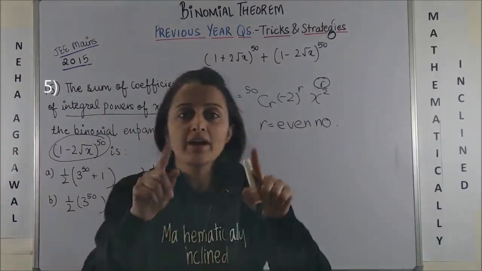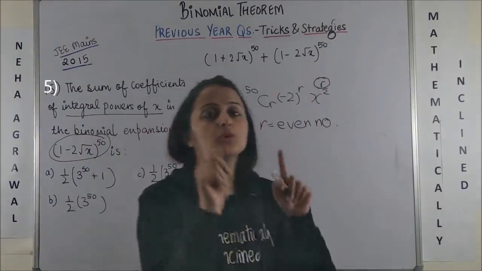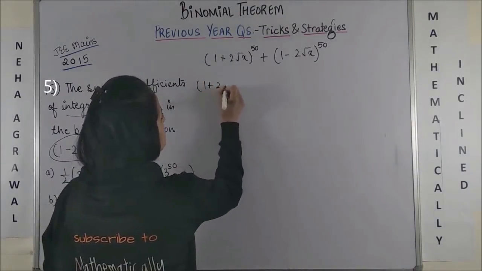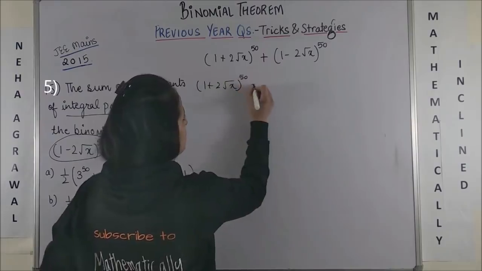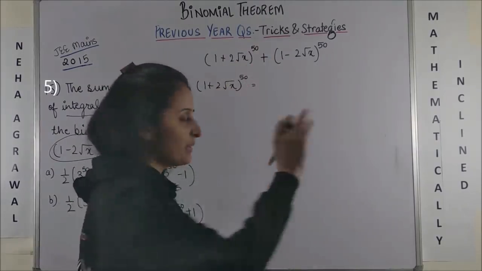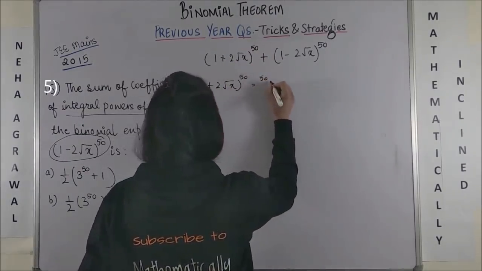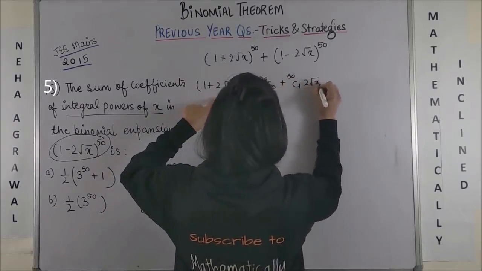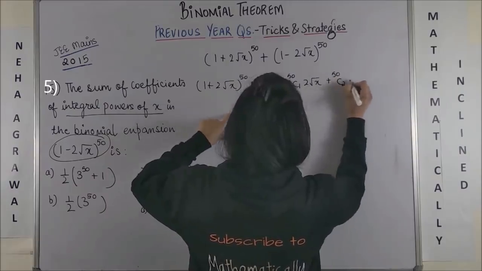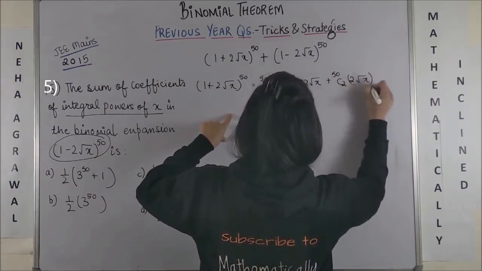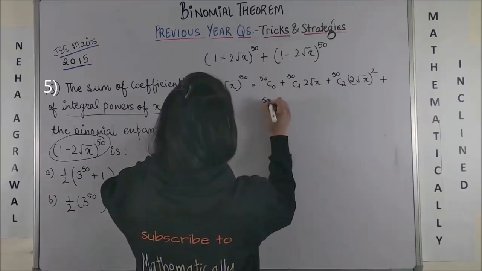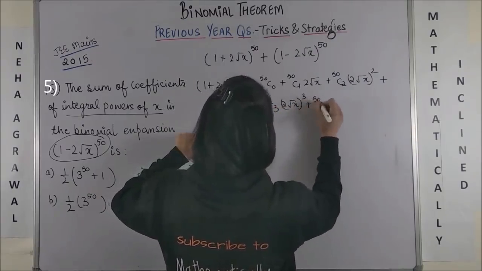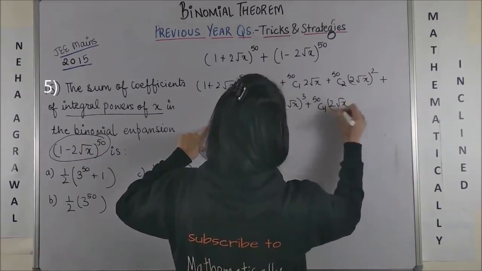Now keep this in mind. When we start expanding, you would realize why I asked you to add. First, to begin with, (1 + 2√x) raised to power 50. I don't have to expand all the 51 terms, but this becomes 50C0 + 50C1 (2√x) + 50C2 (2√x)^2 + 50C3 (2√x)^3 + 50C4 (2√x) raised to power 4.